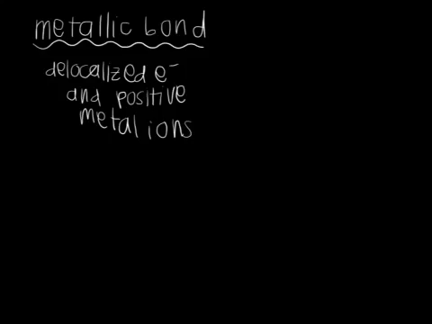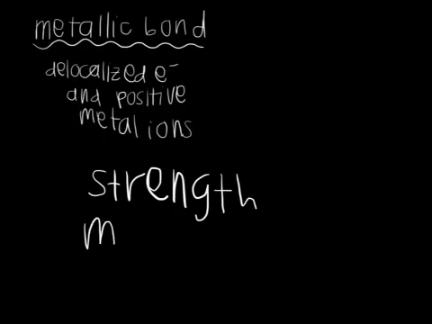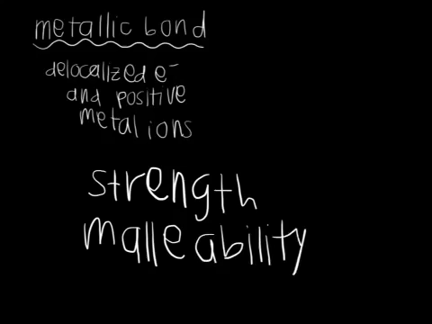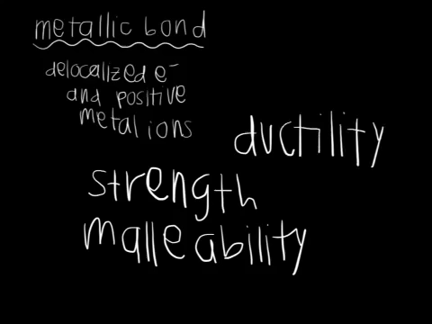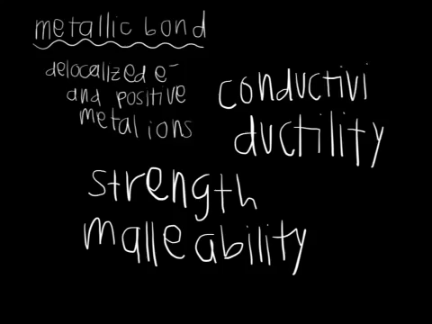These metallic bonds are what cause the characteristics of metals, which are the metal's strength, malleability, which is that metals are able to be rolled out, ductility, which means you can pull the metal into a wire or a rod, thermal and electrical conductivity, and luster.